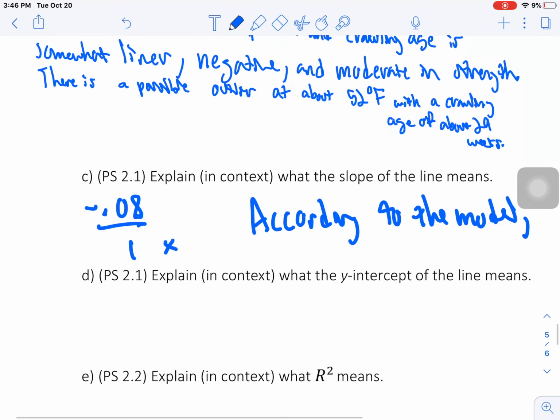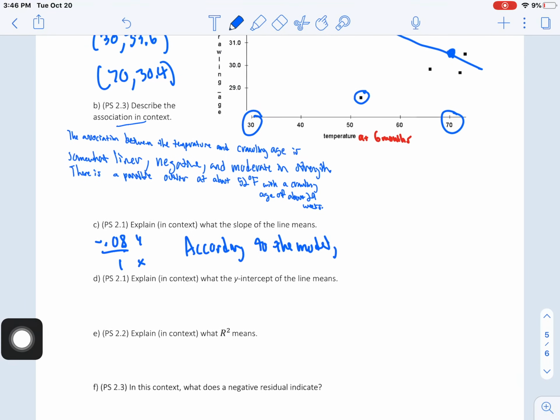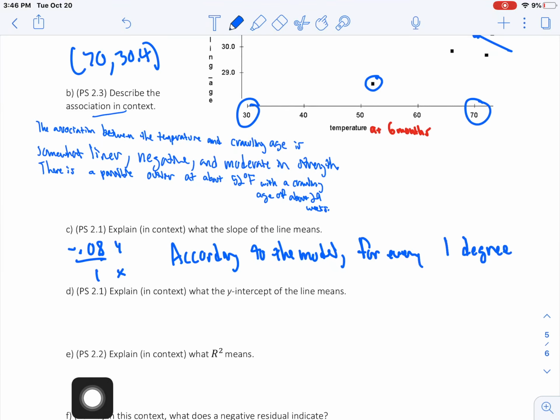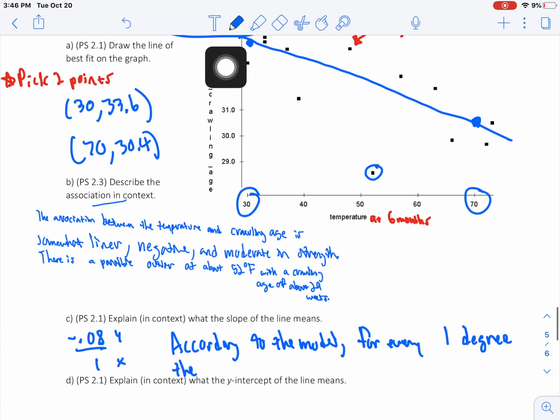And remember that the slope is calculated by a change in y over change in x. So x in this case is for every 1 degree, the y value decreases by 0.08.